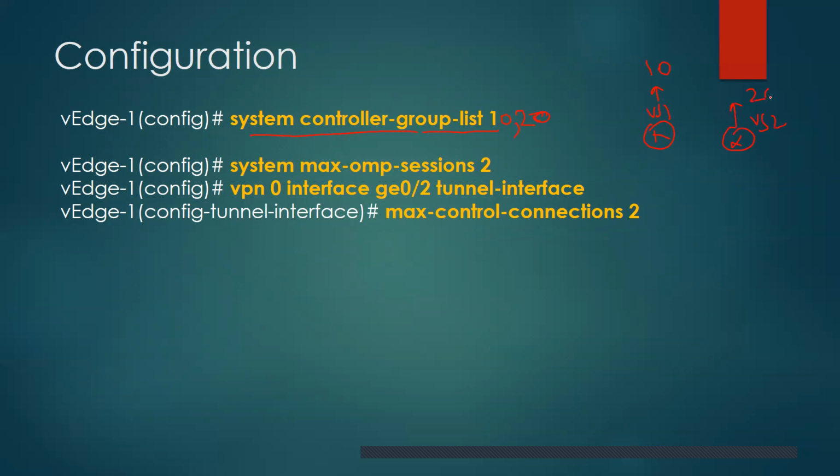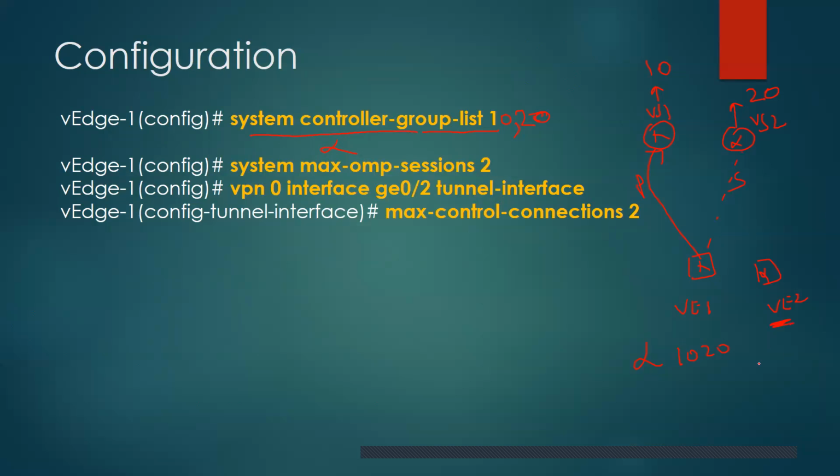Suppose I have two vEdges, say vEdge1 and vEdge2. For vEdge1, suppose this is alpha. So the configuration is system controller-group-list alpha 10 20. That means this will become primary and this will become secondary.